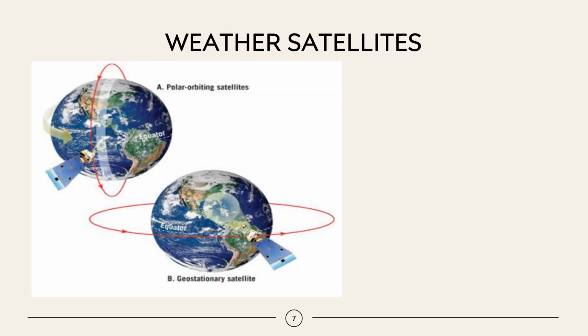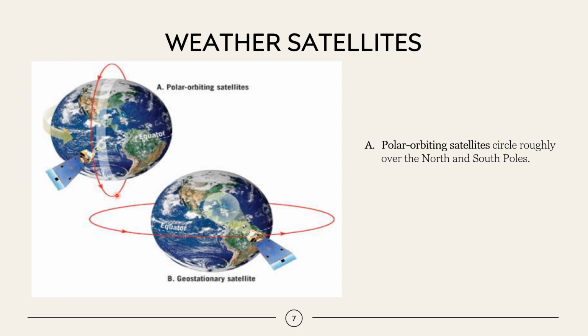When you say weather satellites, we have two as shown in this picture. The first one is the polar orbiting satellite, as shown in the upper corner. These polar orbiting satellites circle roughly over the north and south poles. The first one was placed in 1960 into a polar orbit so that it circles Earth from roughly north to south, as shown by this red arrow.